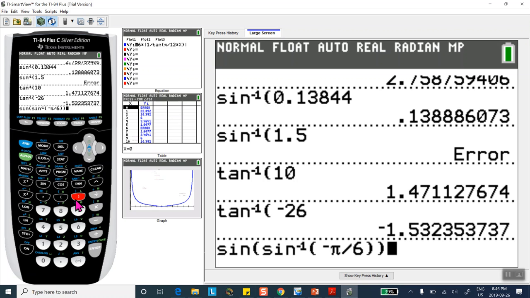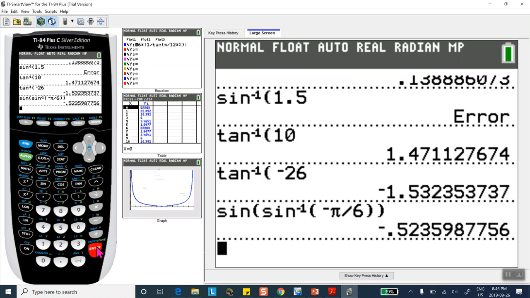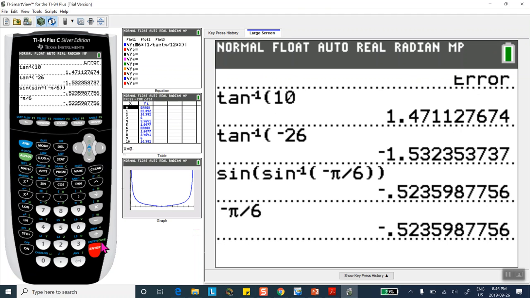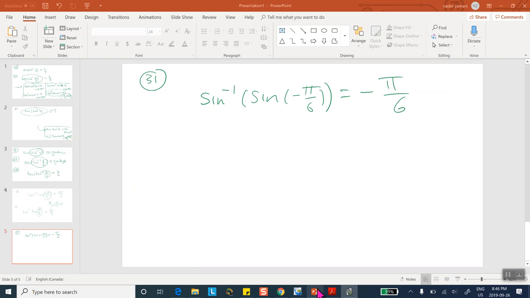What I said, this is negative pi over 6. So let's find out what the calculator will tell us. Well, first of all, the negative is obvious. So let me do negative pi over 6. I better get that same number. Pi divided by 6, and I better get minus 0.52. Yes, I do. So what we did here was correct.